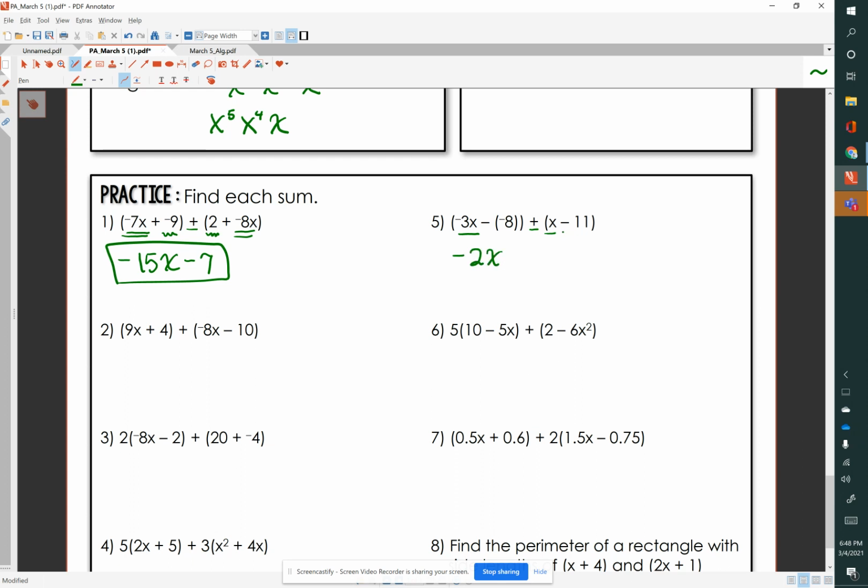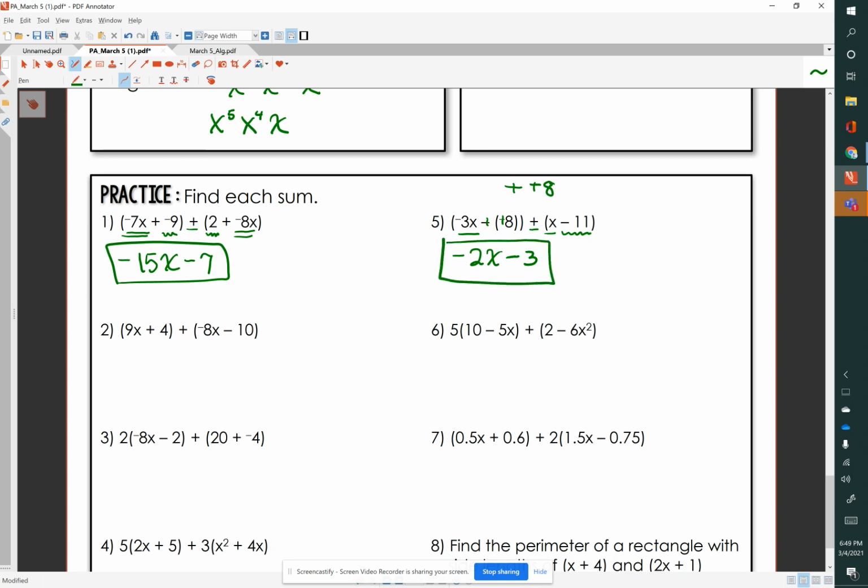Now, we've got this negative 11 on the right, but on the left, we are subtracting a negative 8. Whenever we subtract a negative, it's the same thing as adding. So this becomes addition. It's negative 11 plus 8, which would be negative 3.